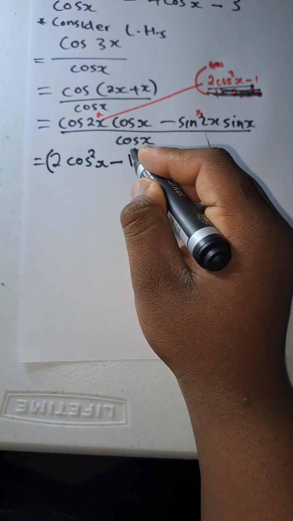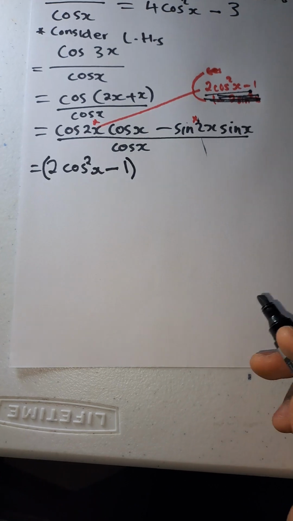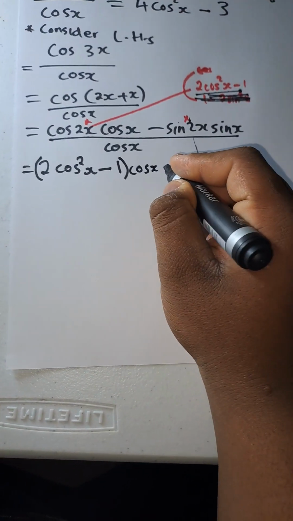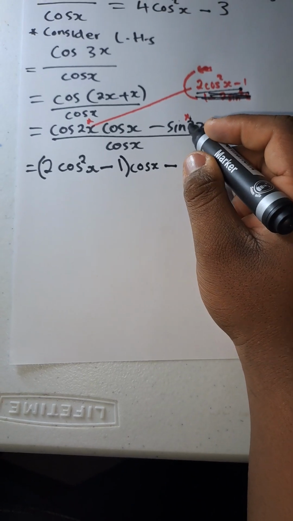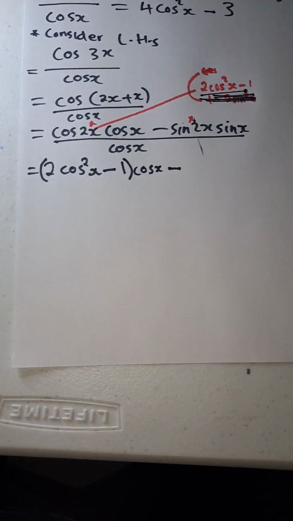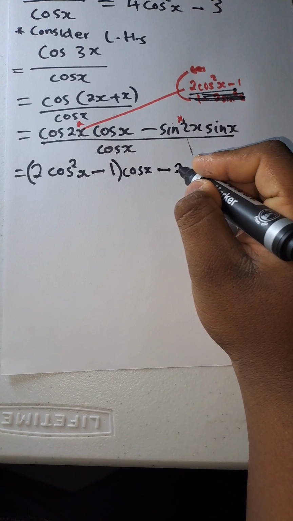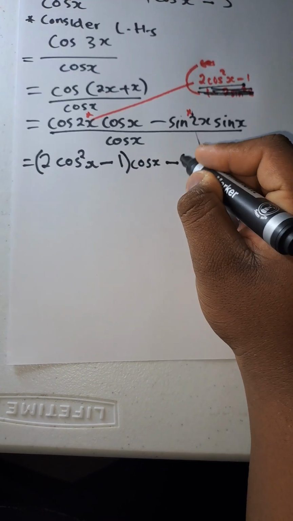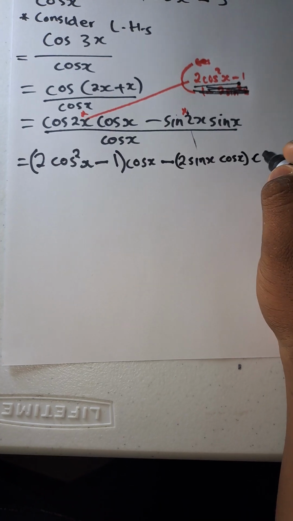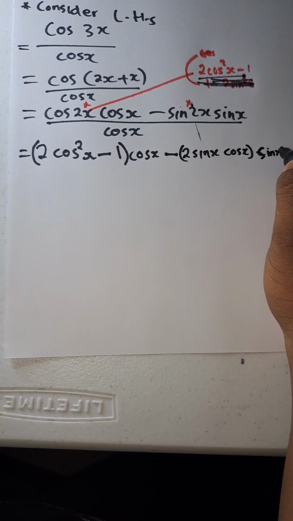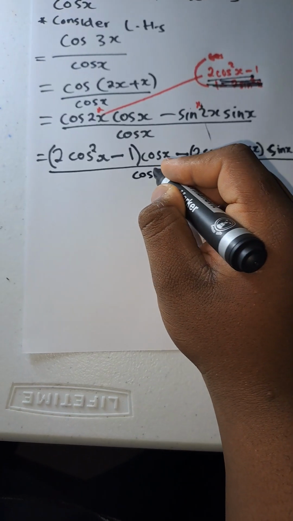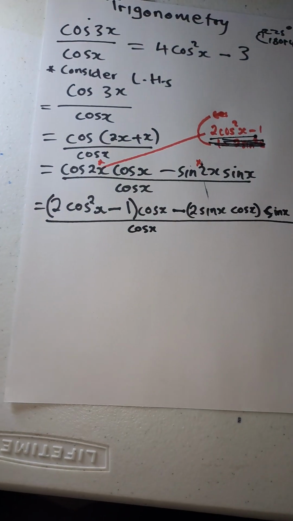Now since I'm substituting, put that in a bracket like that. Is it fine? So it is the same as multiplying it with cos x minus. So sin 2x has only one answer, which is 2 sin x cos x, multiplying times sin x. Everything over cos x. Is it fine, guys?